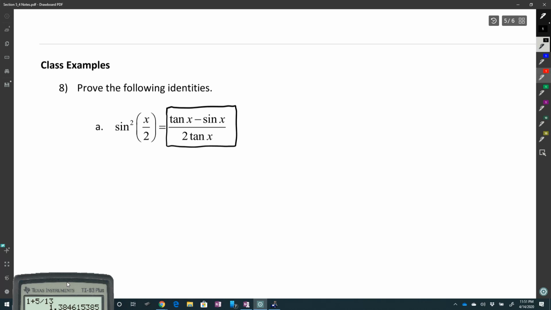I already know the formula for sine of x over 2: plus or minus the square root of 1 minus cosine x over 2. But remember, we're squaring it.